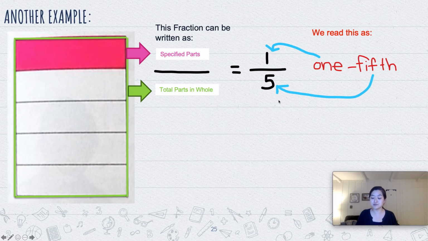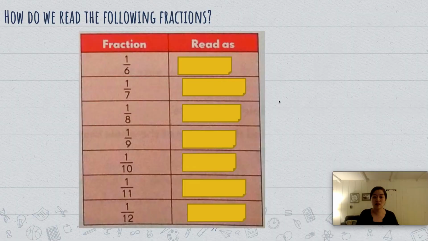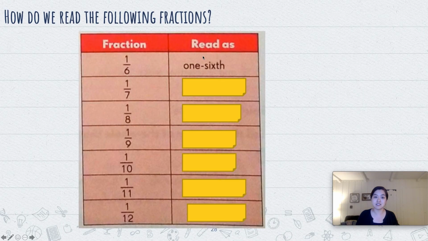In fact, whenever we read a fraction, let's look at this fraction, 1 out of 6. Look at the top number, it's 1, and then the bottom number, do we say 6 or sixth? We say sixth, okay?